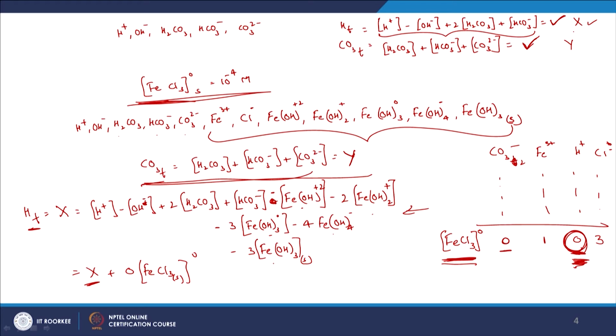So what do I have here? I still have CO3 total, right. I have H total which is still equal to X, and these are values that I calculated, they are not unknown values, keep that in mind, right. So I have CO3 total and H total, and I now can calculate Fe total 2, right, and Cl total 2. Yes, and Fe total, I guess I calculated that from last time, so I am not going to go through the relevant write up, but I am just going to list the equation here.